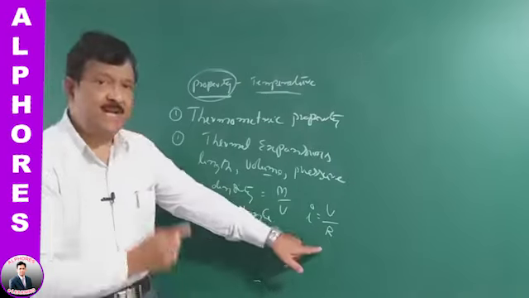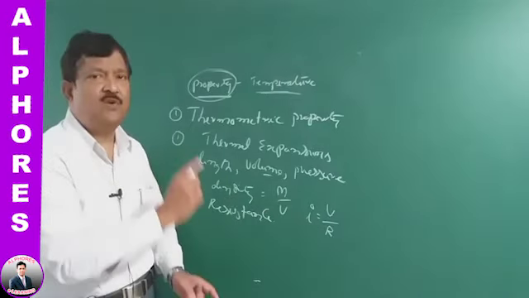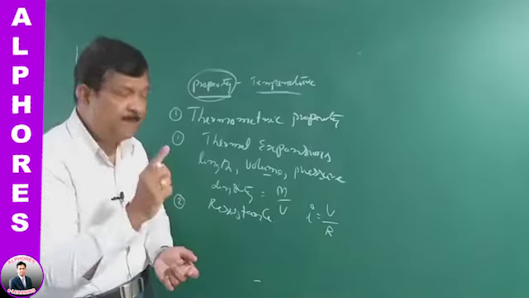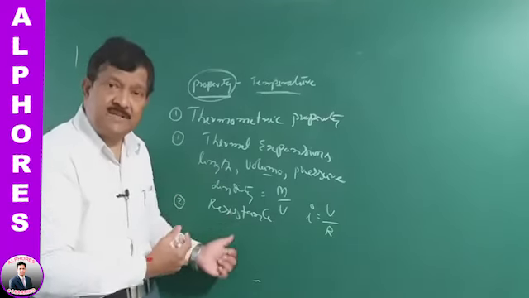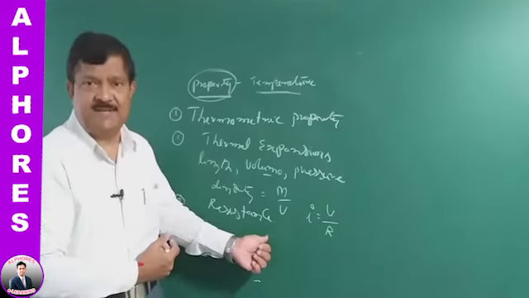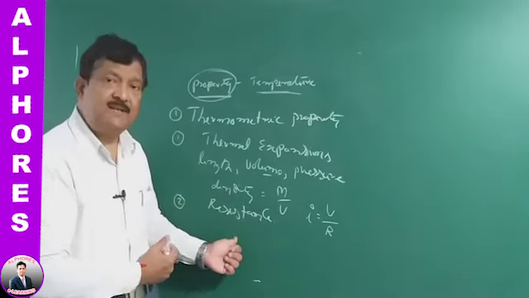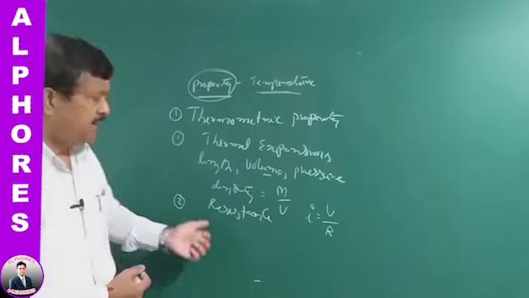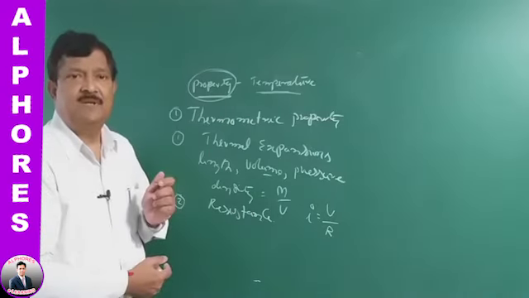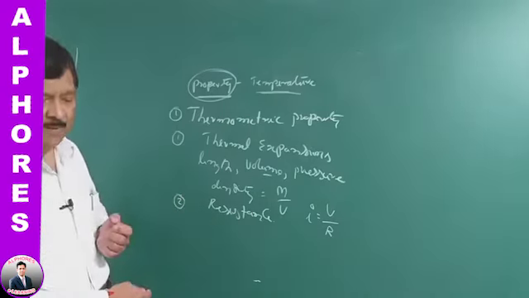So resistance is an opposition to the flow of current in the conductor, which depends upon temperature. As the temperature changes, the resistance of the conductor will also change. So we can consider resistance as a thermometric property, because it is effectively changing with the temperature.